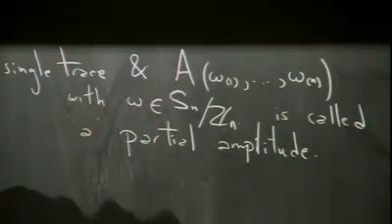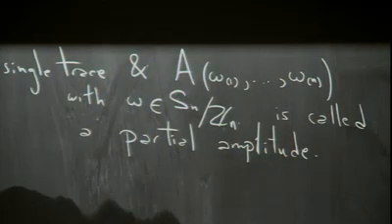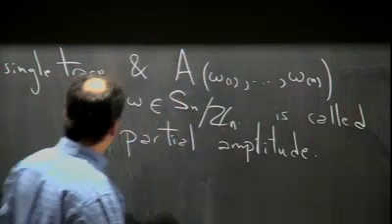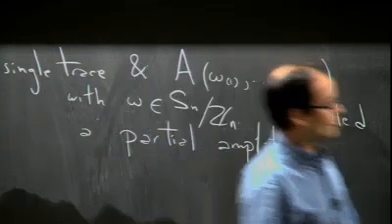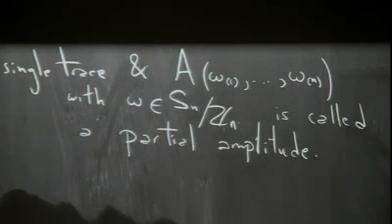So what do you think is going to happen at one loop? Can we have single trace things? Yes, we're going to have single trace objects, but we will also have double trace objects. Okay. Very good. So now you're almost there.